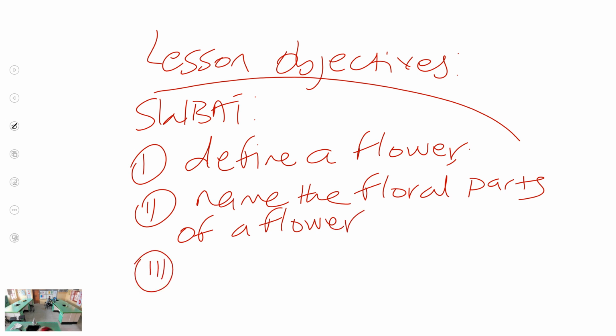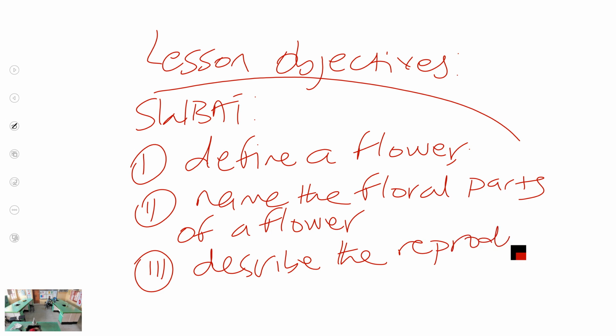Three, describe the reproductive parts of a flower.